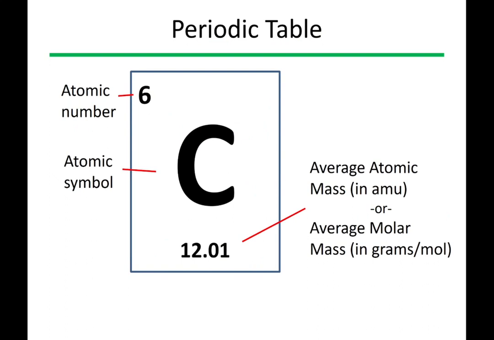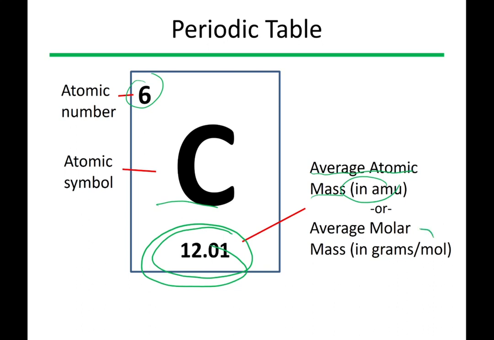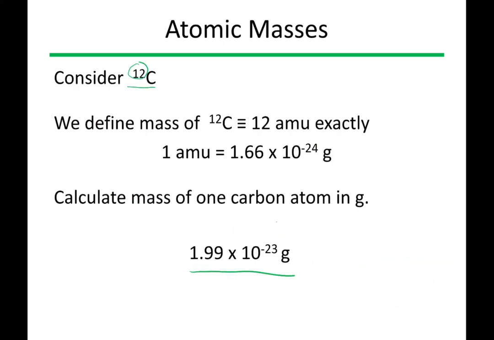If we look on the periodic table, we can see those often give the atomic number, the atomic symbol, and down here we also often see a mass value. Now this is the average atomic mass in AMUs or in molar mass. And you'll recall from this slide that 1 carbon-12 is exactly 12 AMUs, and we found that 1 mole of carbon-12 is exactly 12.0 grams per mole.